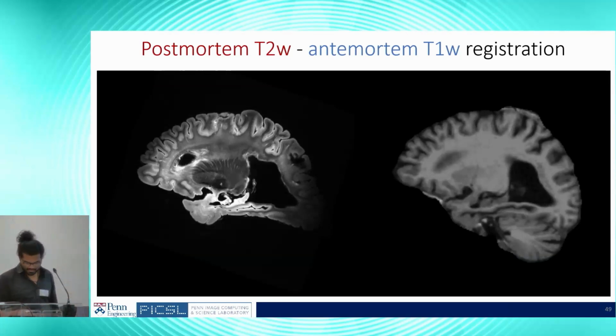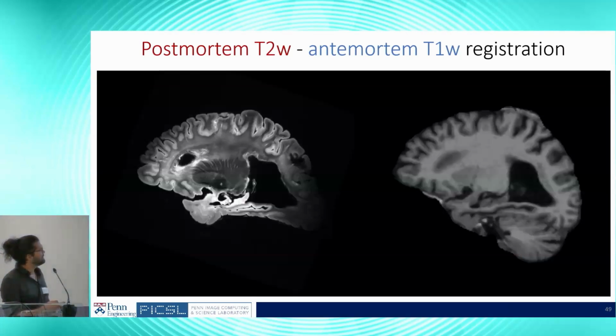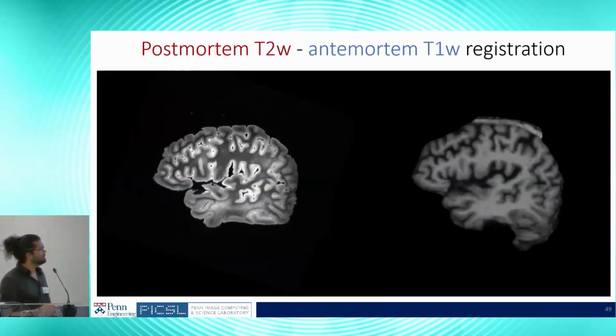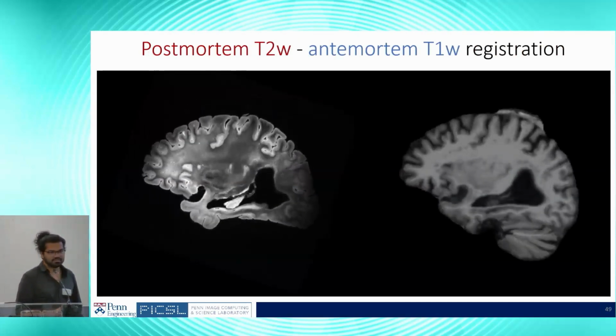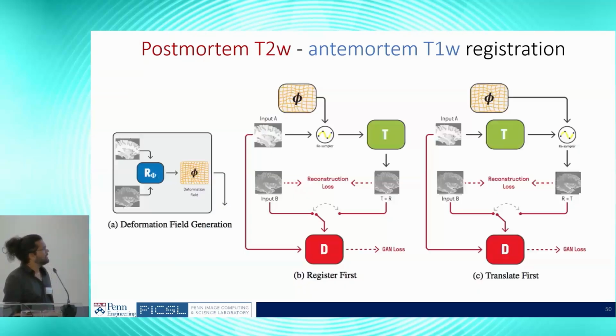This is a video, I don't know if it worked. But using gradient-based classic optimization, deformable registration, we were able to get one-to-one correspondence. And then finally, we are fine-tuning that registration between ex vivo and in vivo using image translation and registration with a deep learning framework.